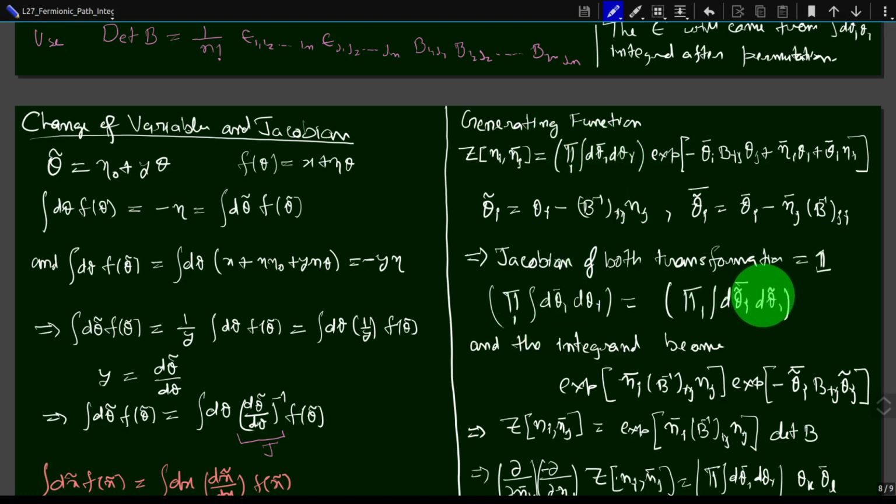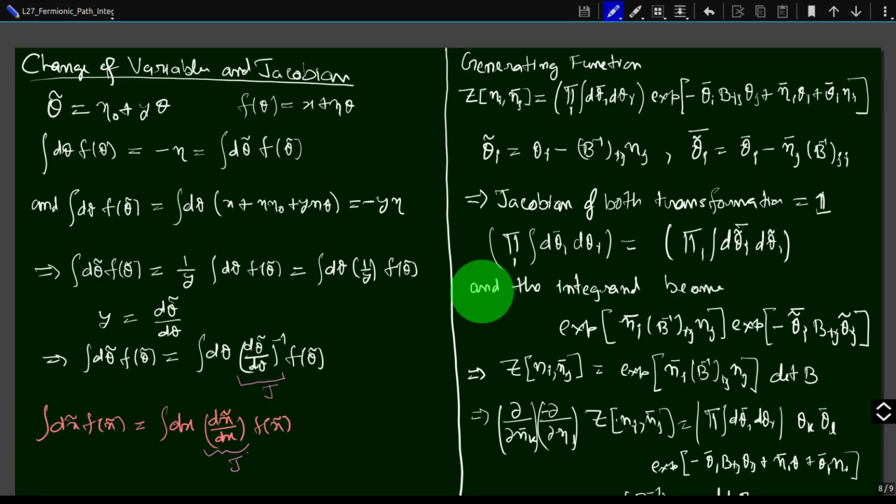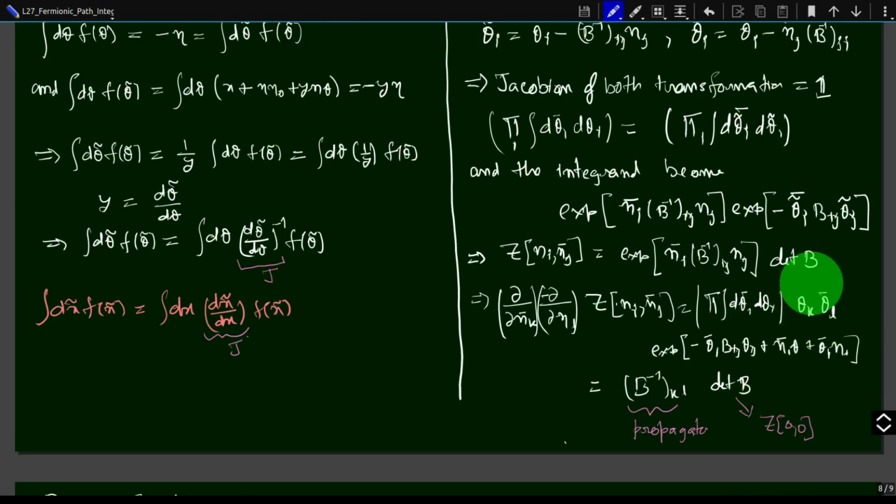So my measure of integration is the same, and the integrand, if you do this transformation, becomes one piece which is independent of theta twiddle and another piece which is dependent on theta twiddle. Okay, when I perform the integral, of course the first piece, which has B inverse eta ij, will come out like this, and this is anyway determinant B, so you just write it like that.